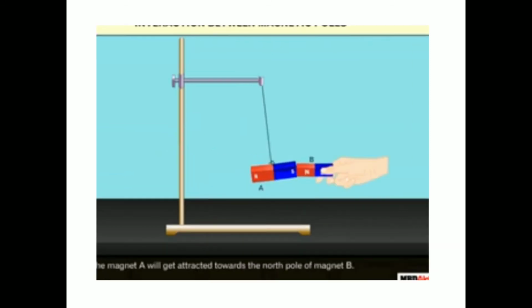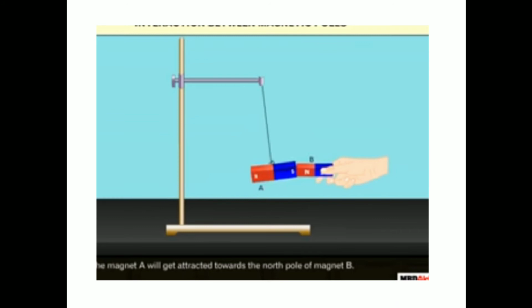Now let us see this diagram. You can see the south pole, that is blue color, and the north pole, that is red color. They are different poles and they are getting attracted. Here also the string is coming close to the north pole of the other magnet. So this is how we can tell that unlike poles get attracted towards each other.